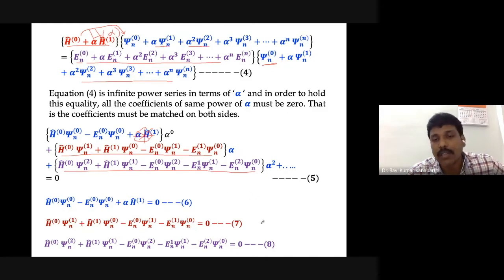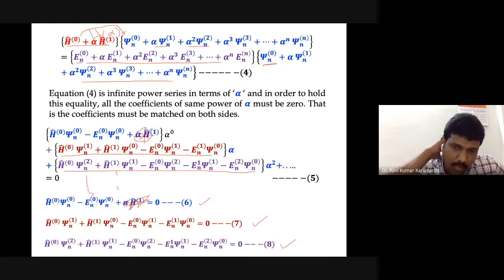Of course, I have written only three here for the sake of simplicity, but you can keep on writing alpha cube, alpha to the power 4 terms, and so on. I haven't done this, but these are enough for our discussion. The series continues to infinity.